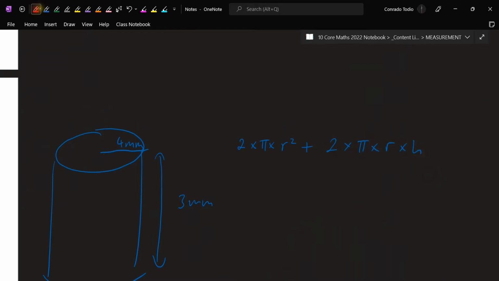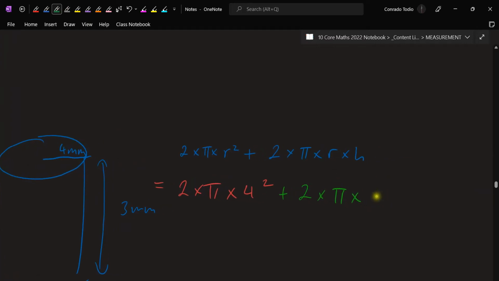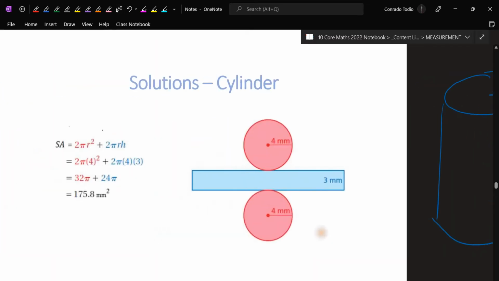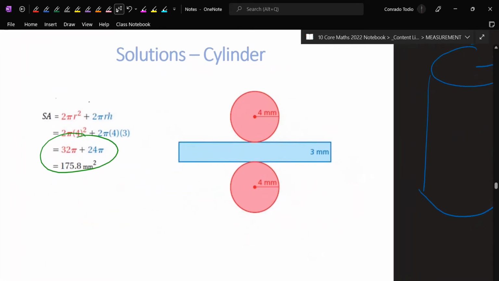Applying that here, it's going to be 2 times pi times the radius of 4 squared, plus 2 times pi times the radius of 4 times the height of 3. If I apply that formula, I'll get an answer of 175.8.